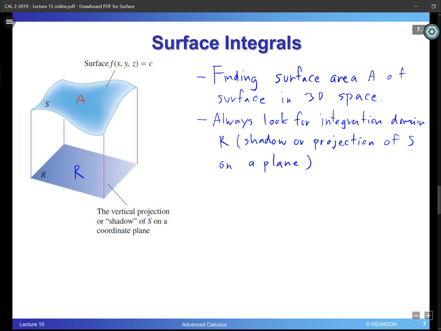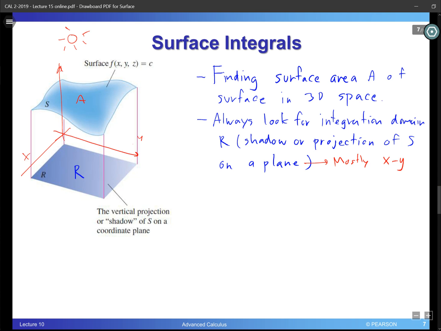And usually when we work on surfaces, the plane where we look for this shadow is mostly the XY plane. It's like we shine a light from above, from the Z direction, and we get this projection on the XY plane.